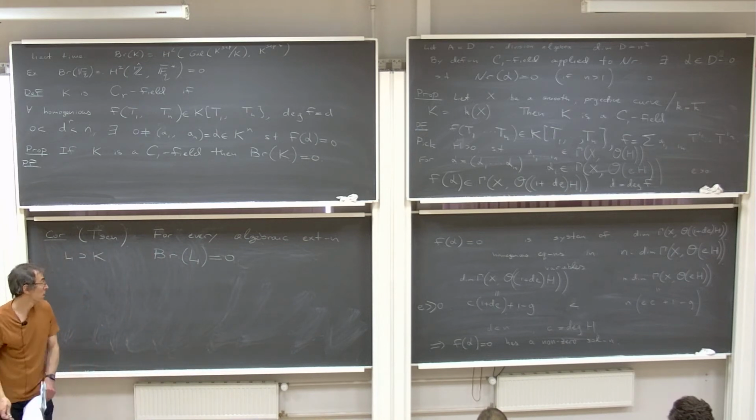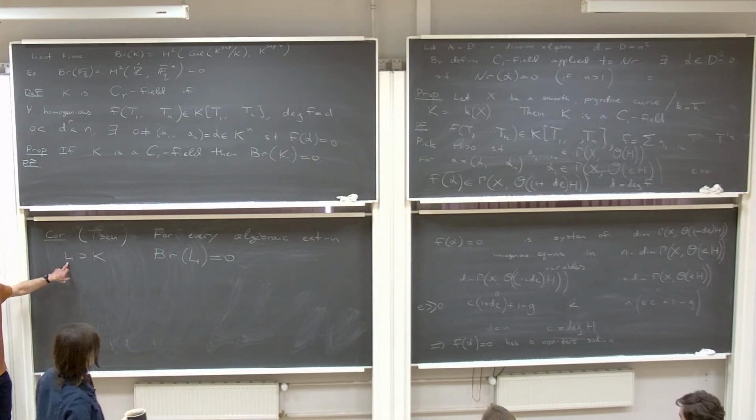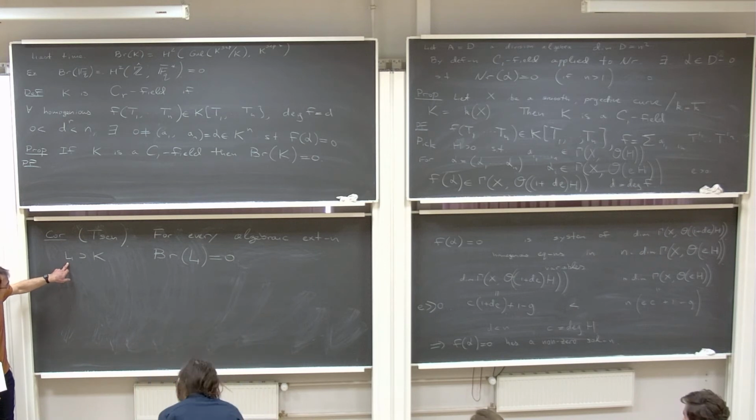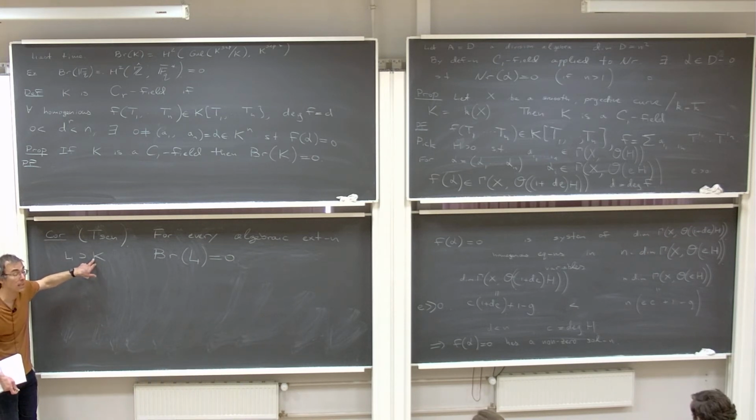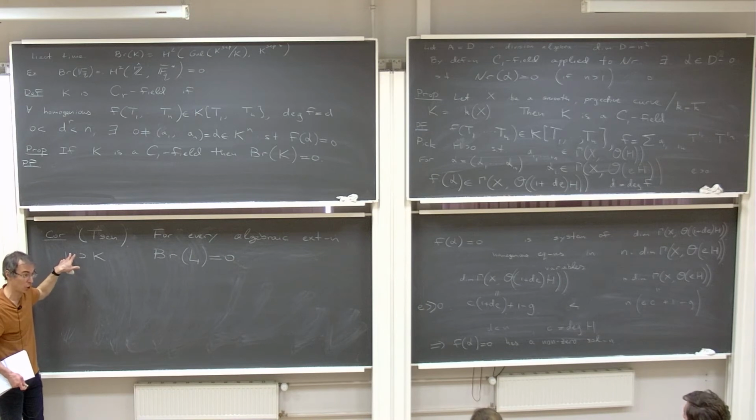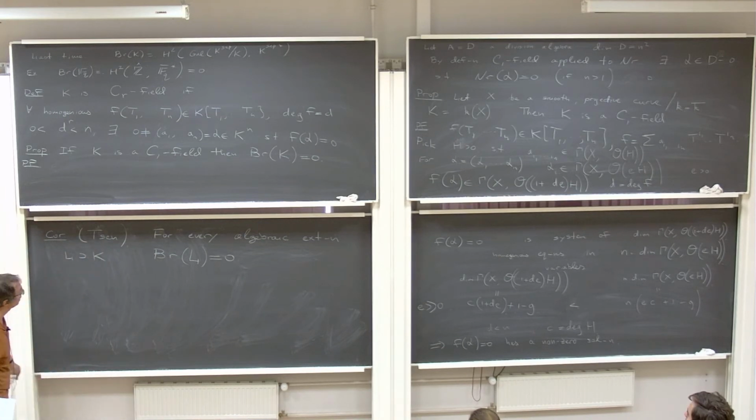Why? If you have a central simple algebra over L, it's defined actually over some finite extension of K. L is not assumed to be finite, it's algebraic. But without loss of generality, I may assume that it's finite, because any central simple algebra is defined over a finite extension.